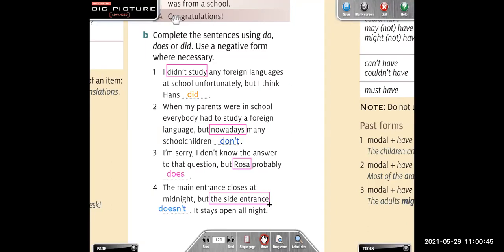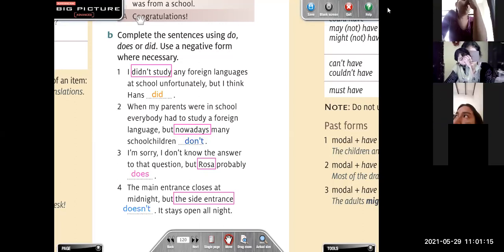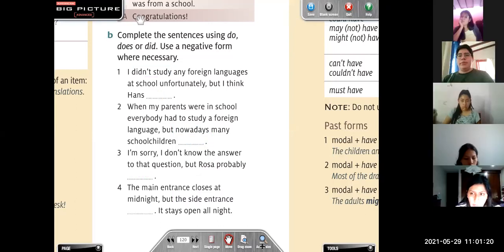It doesn't. ¿Cómo podemos reemplazar entrance, la entrada, con it? ¿Cierto? But it doesn't. The side entrance, la entrada de al lado, no cierra. ¿Ok? Para no repetir doesn't close, podemos decir solamente doesn't. Very good. Any questions, please? If you have any doubts about this. No? Okay, let's continue practicing.